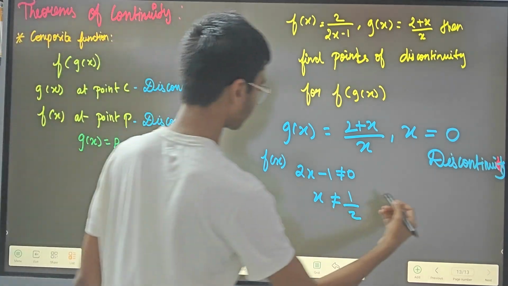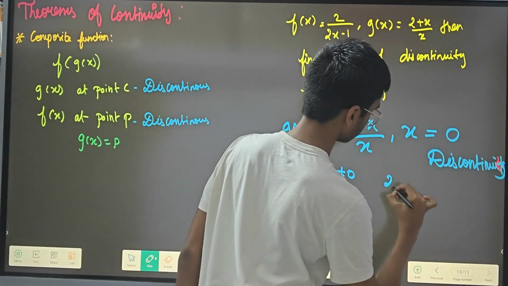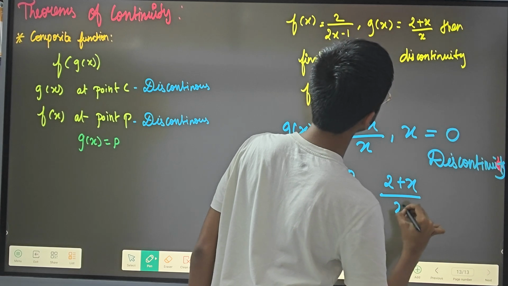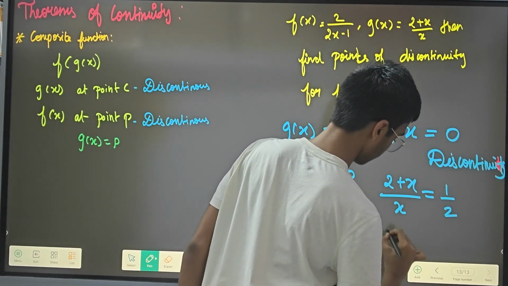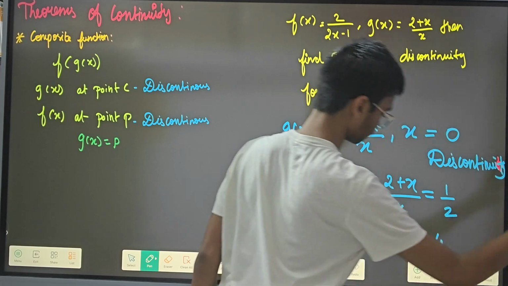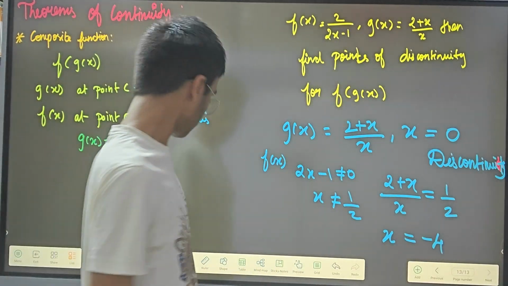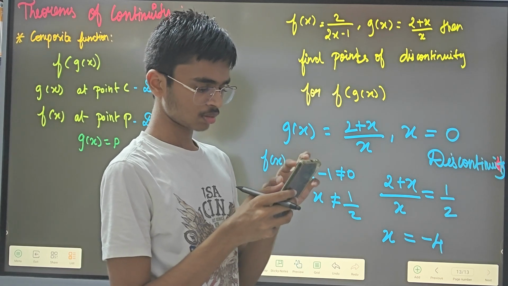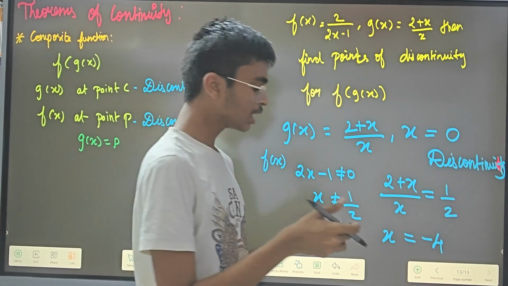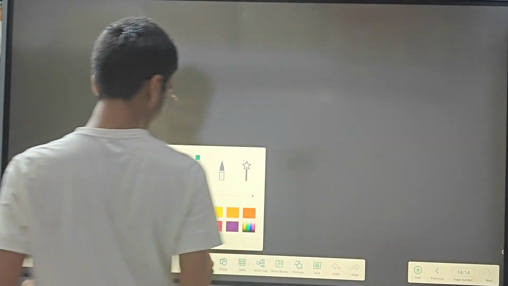So I can write a little bit neater: (2 plus x) by x is equal to 1 by 2, and x is minus 4. Okay, so what concept do we have next? Single point continuous function. So next is single point continuous function.